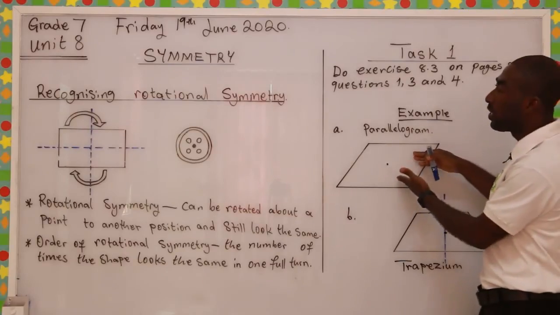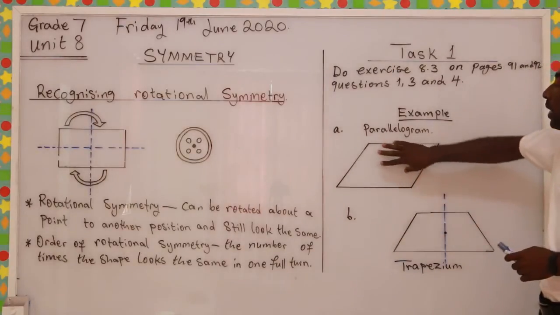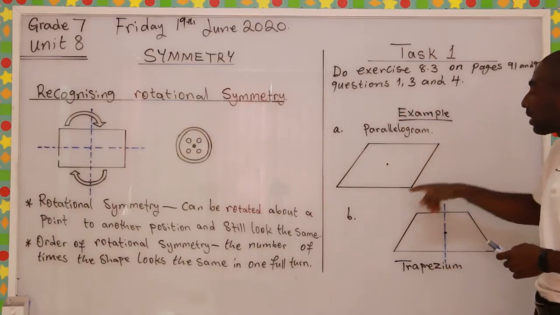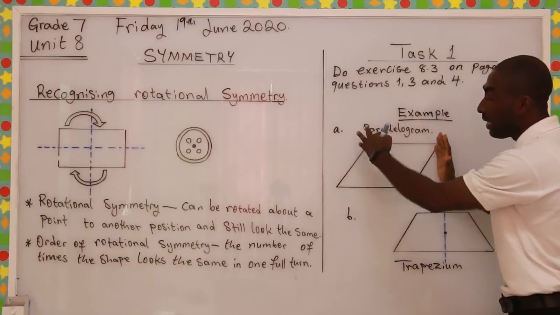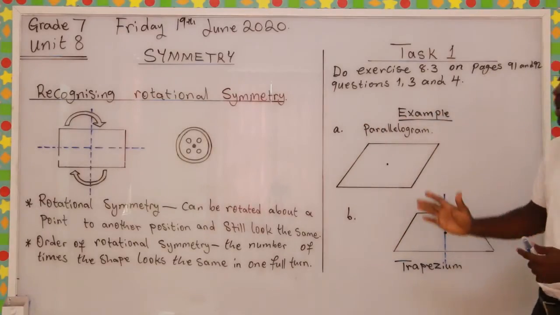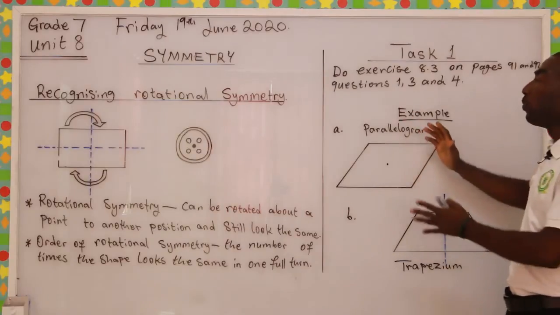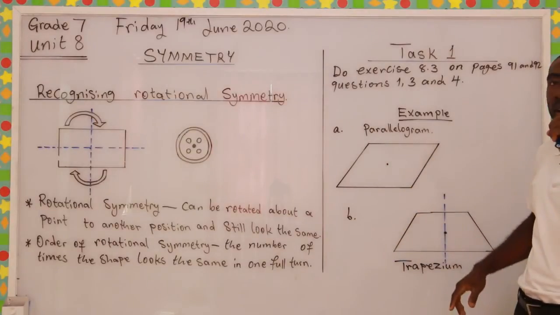It has the features of a rectangle, just that this is in a slanting form. If you turn it half way, this side is going to go up and this is going to come down, and you have this side standing straight like this. It still looks like a parallelogram. So nothing changes when you make a turn like that. That means you have done one order.